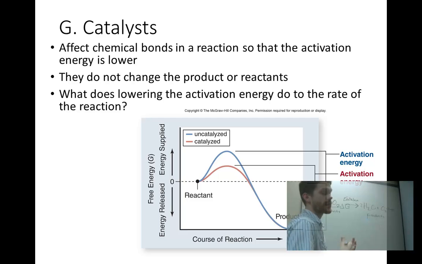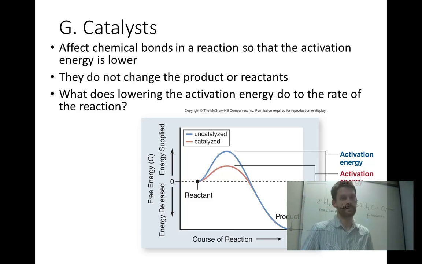And so the amount of free energy required for the reaction to take place is less. And if that happens, what happens to the rate of the reaction? Yeah, it speeds up. It's going to go faster. So you're going to get more product in an amount of time than you would without it.